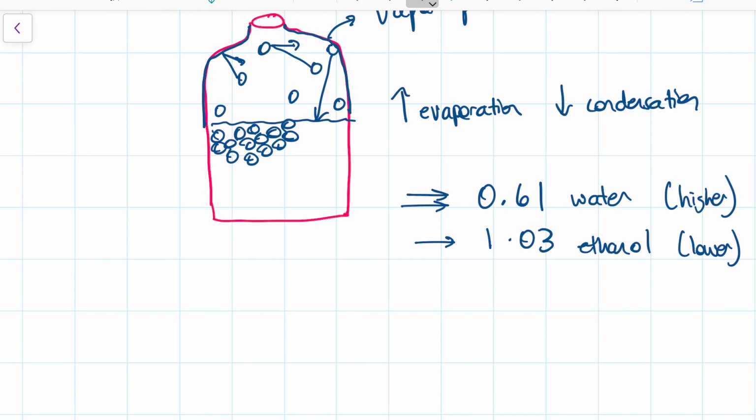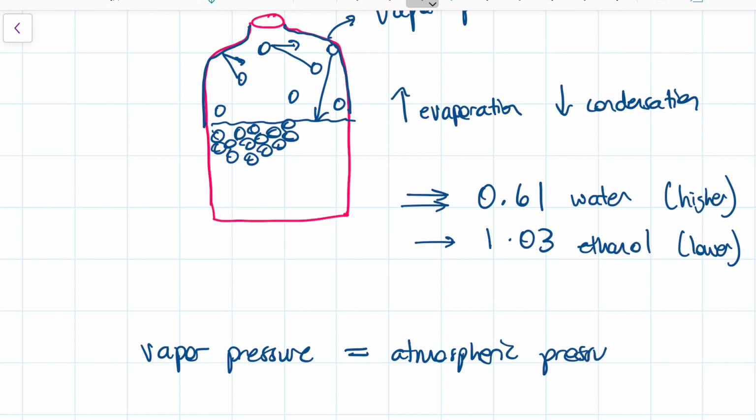That takes us to our definition of boiling. The definition of boiling is when vapor pressure is equal to atmospheric pressure, something will boil.